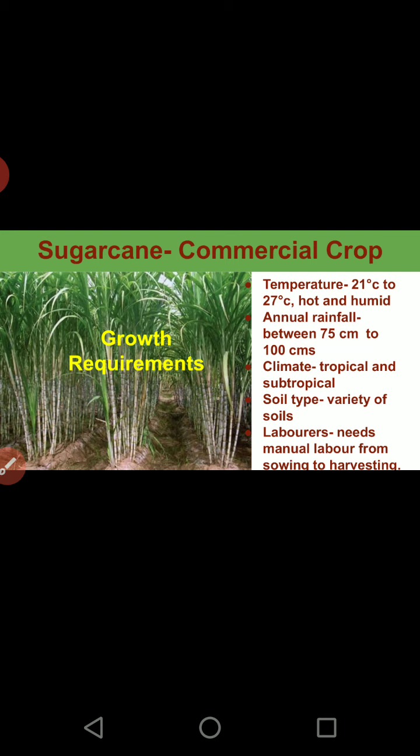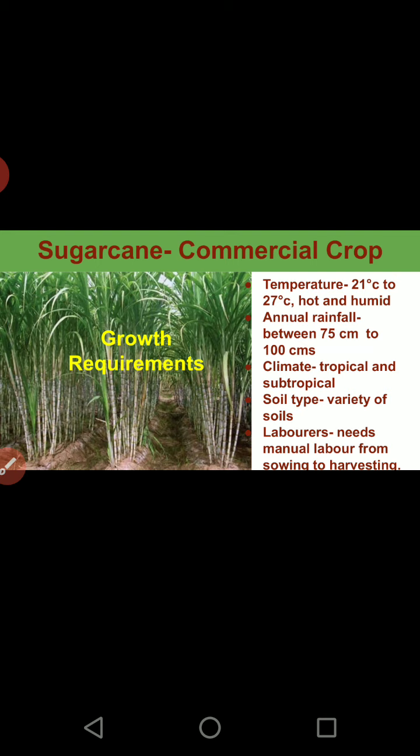Now the special thing regarding sugarcane, which is not mentioned here, is that sugarcane basically takes a complete 1 year to grow. So we cannot call it a rabi crop or a kharif crop. In different seasons it is grown, but it takes the complete 1 year to grow.